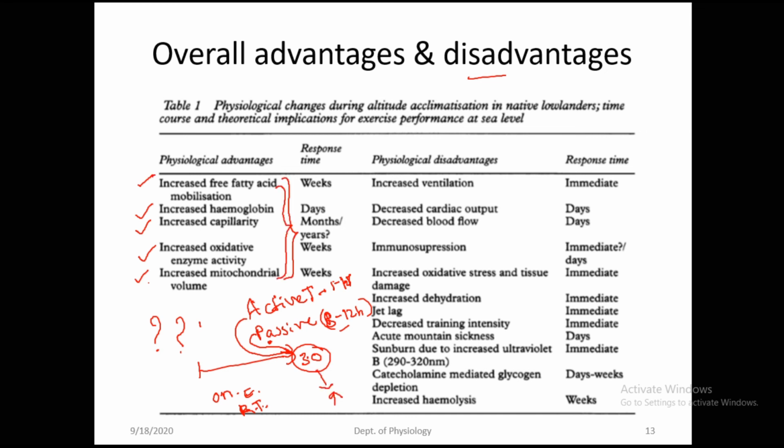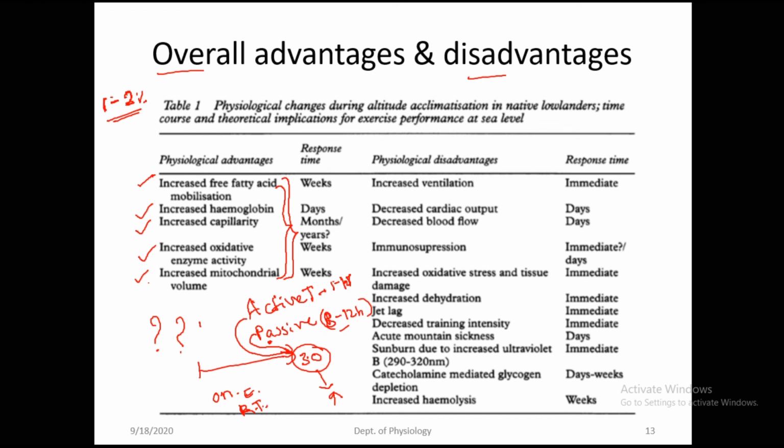So overall, the benefit of hypoxic training can be up to 2% in elite players. So the improvement of overall performance is from 1 to 2% in elite players. So this is all about the hypoxic training benefit in elite players.